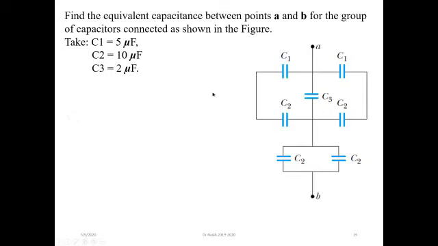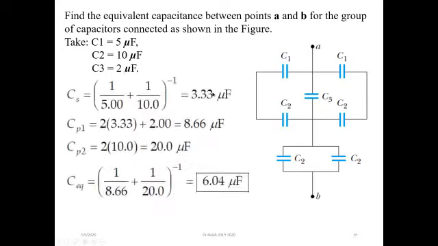If you apply this formula, you'll find the result of these two will be 3.33, and for the other side it is the same, 3.33, and between them is just 2 microfarad. So the result of these two and this one, all three, will be in a parallel connection.